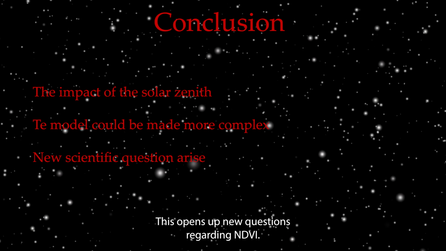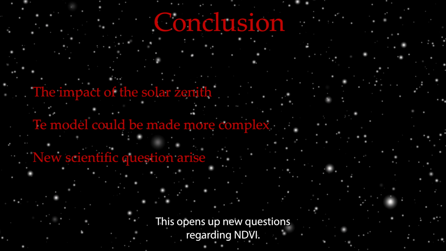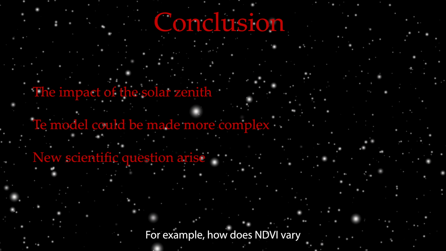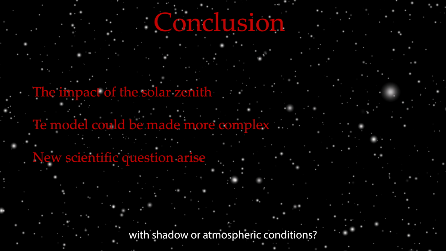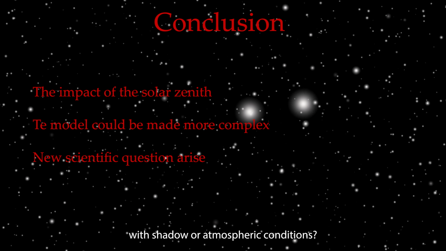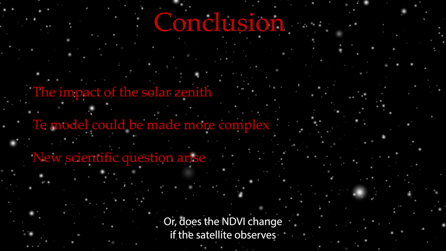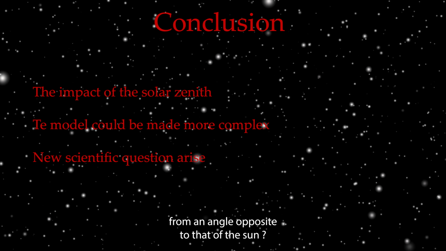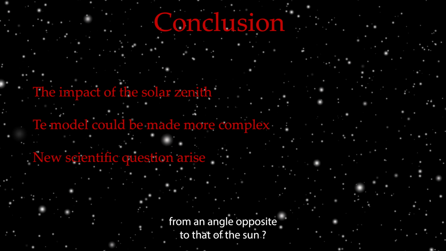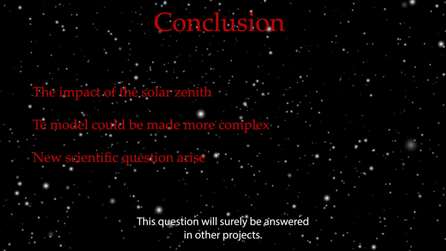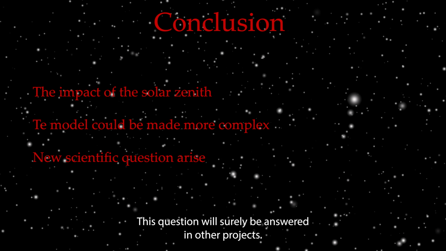This opens up new questions regarding NDVI. For example, how does NDVI vary with shadow or atmospheric conditions, or does the NDVI change if the satellite observes from an angle opposite to that of the sun? This question will surely be answered in other projects.